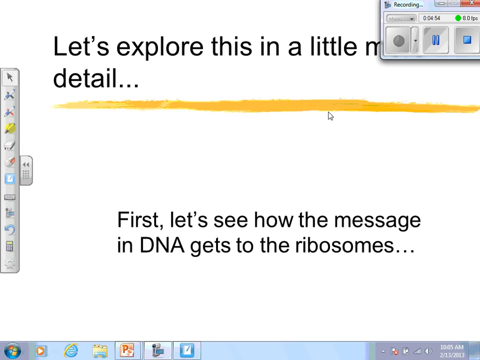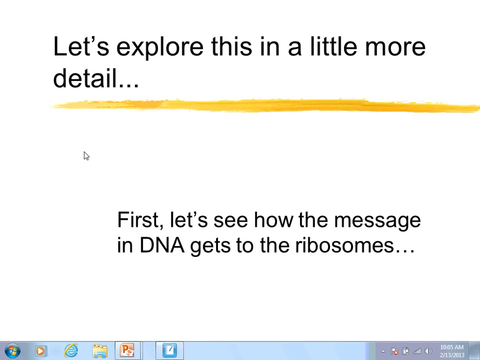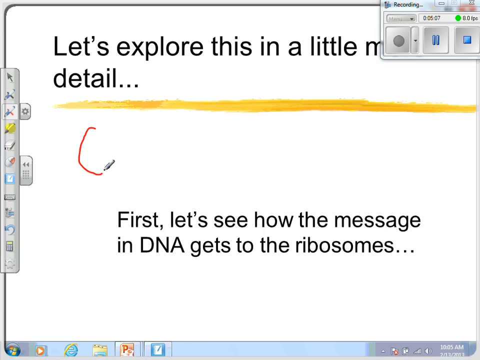Okay, so we're going to go into this in a little more detail. The first step, let's see how the message in DNA gets to the ribosomes. Because remember, DNA stays in the nucleus. It never leaves, and it has the code, the sequence of nucleotides.